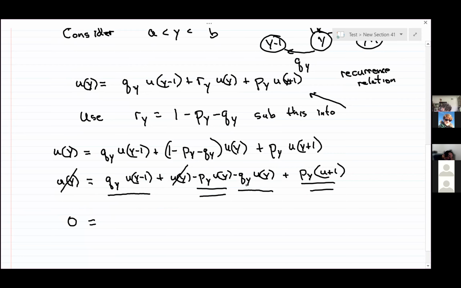And it turns out that what the authors do is they factor out the common factor of minus q sub y. So this would be minus q sub y times u of y. That's this guy. So this times this is that guy.